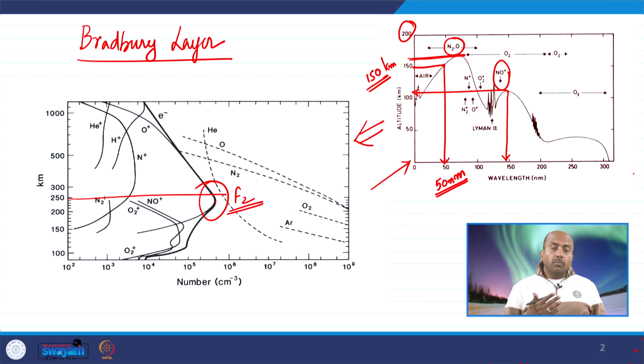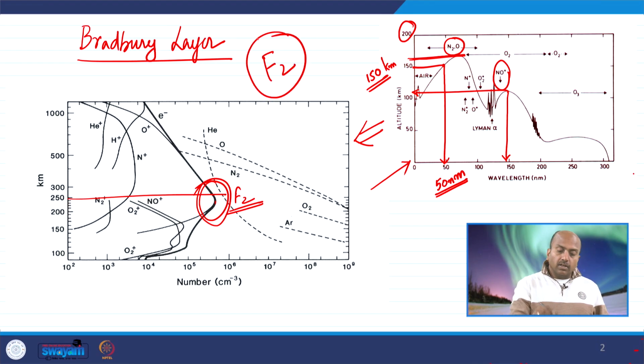And more importantly, how is it that maximum electron density exists above an altitude where there is practically very little absorption, right? So, that means the production is not happening here, but still the electron density is the highest. Electron density is highest between 200 to 400 kilometers. Wherever the F2 peak is, electron density is highest.